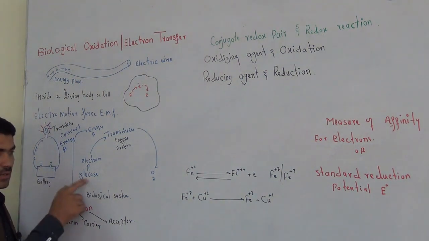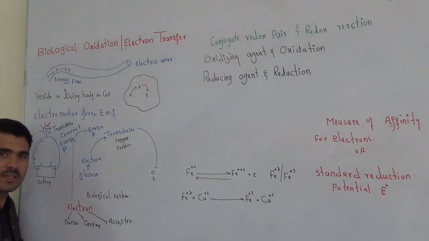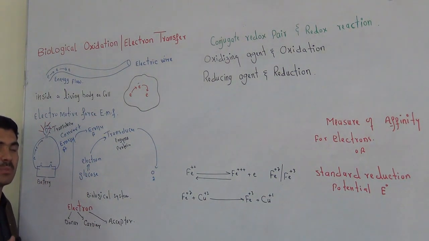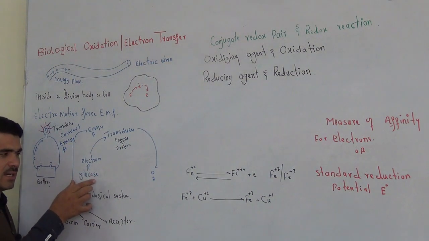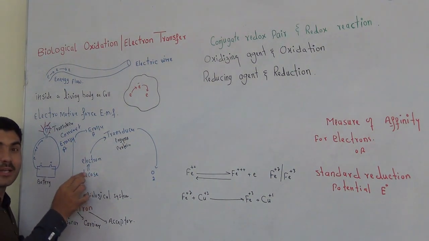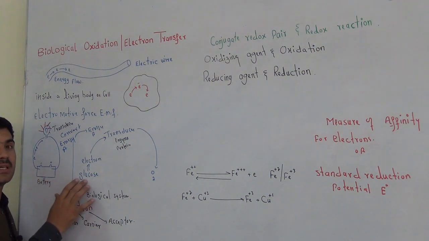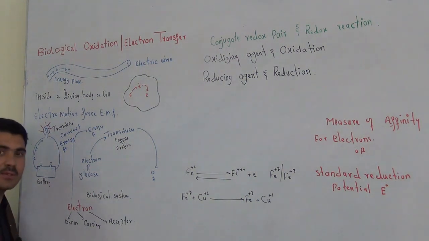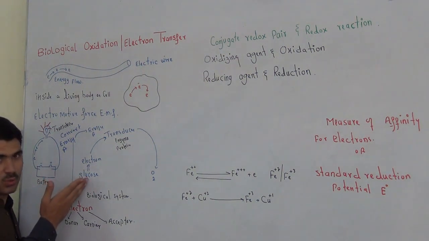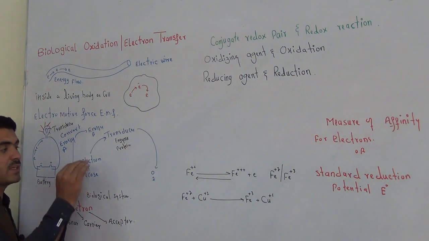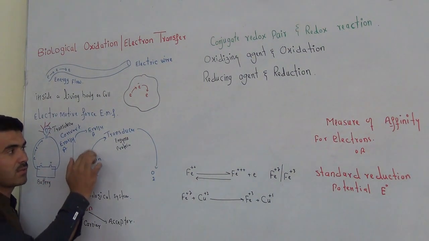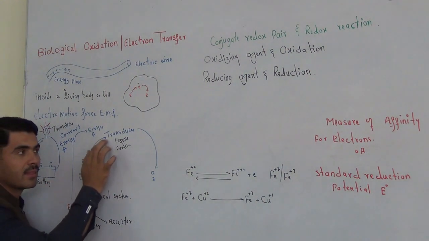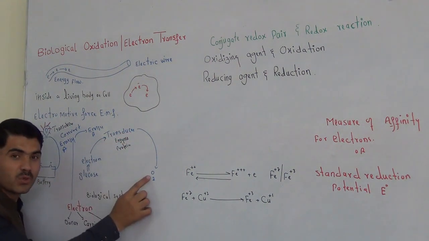We have glucose, we have nutrients as well, all other nutrients, protein, lipids, different sources of electrons we have, but for convenience and simplicity, I have just written glucose here. So glucose is a source of electrons. When you take in glucose, the glucose will give its electrons, and these electrons will start flowing, and they will reach oxygen.